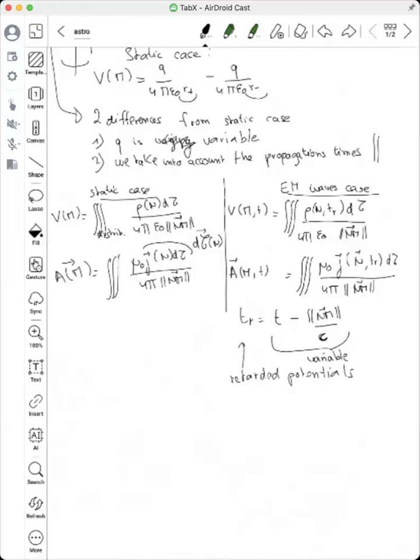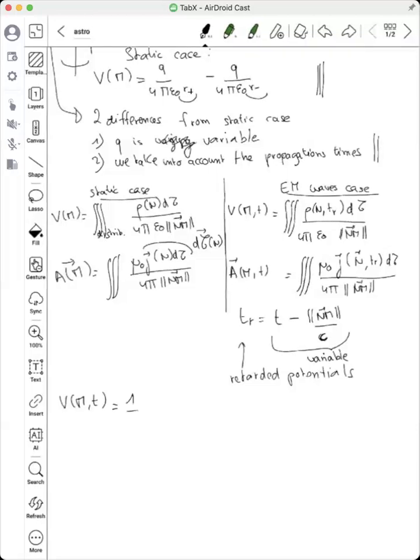Okay, so I have that V(M,t), if I'm trying now to write something similar to the expression of V in the static case, so I'm going to do the same thing. I'm going to open a V and do approximation.